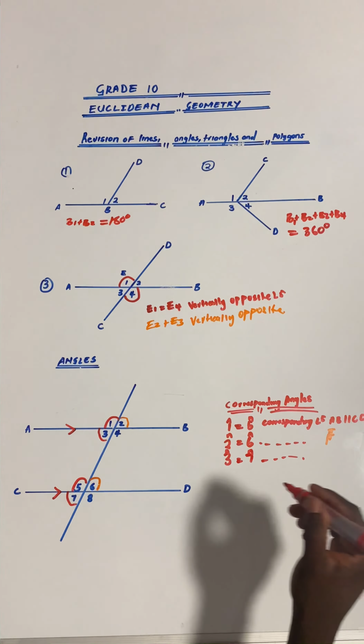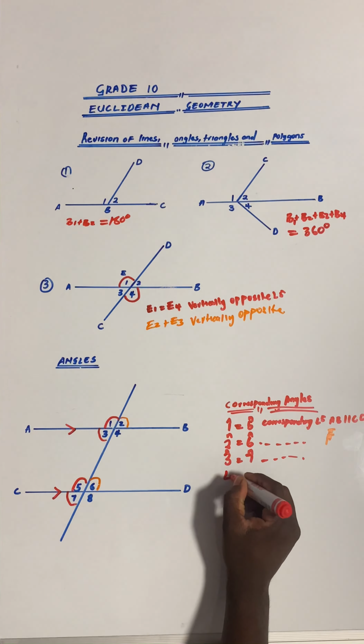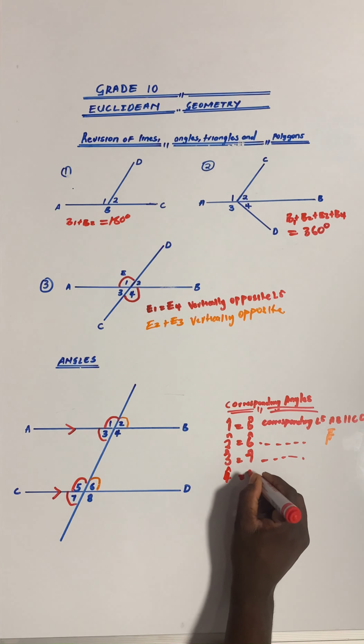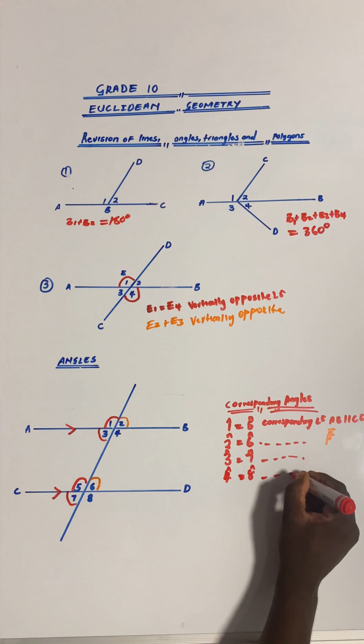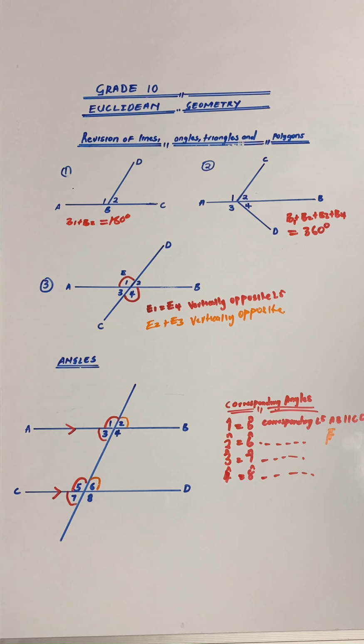What is the last one? Angle 4 and angle 8. So angle 4 equals angle 8. Why? Corresponding angles, AB parallel to CD. Same reason, it doesn't change. I hope that you guys are still with me and are not confused yet.